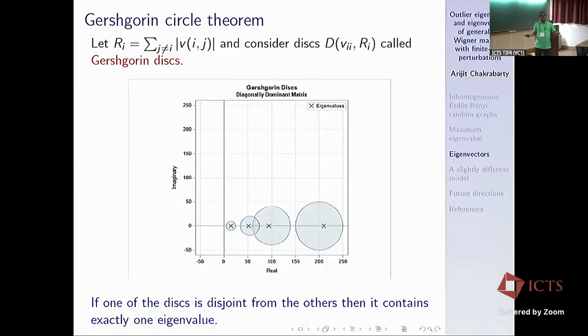So from that, we can easily infer that the kth largest eigenvalue of A_N is exactly the same as the kth largest eigenvalue of V.